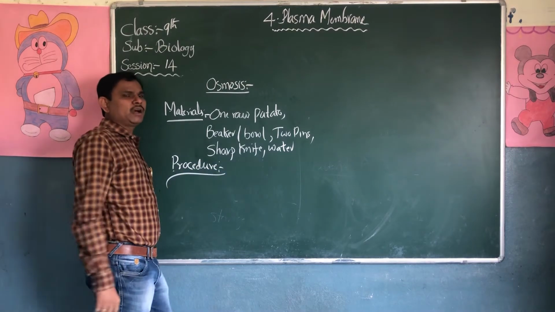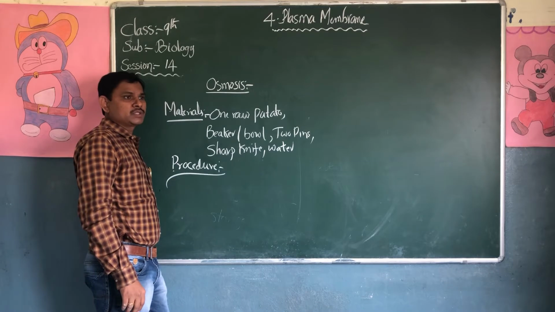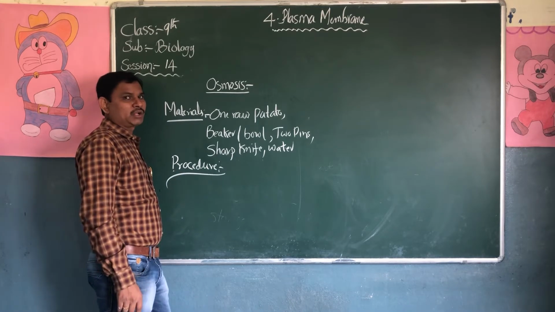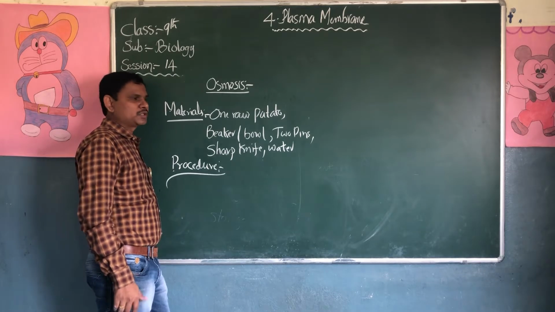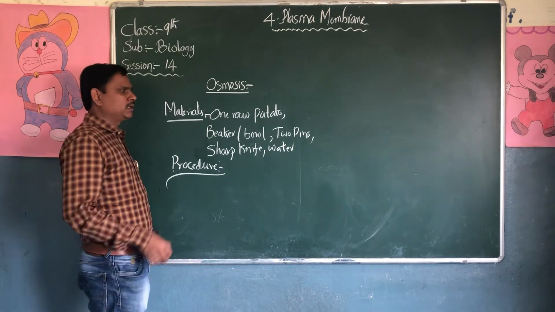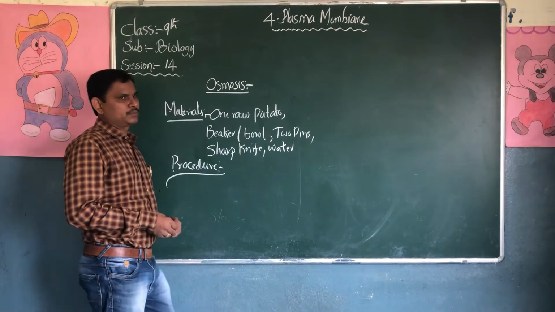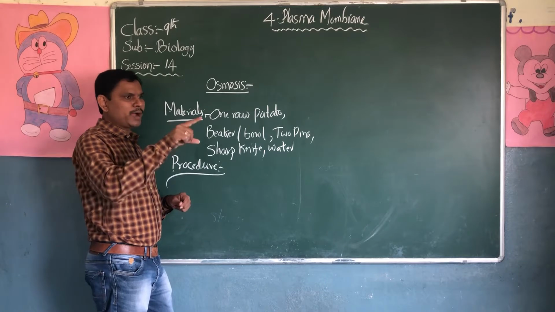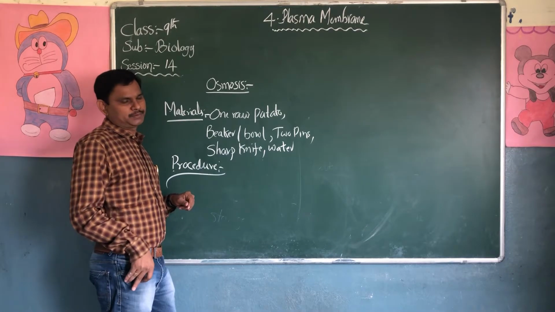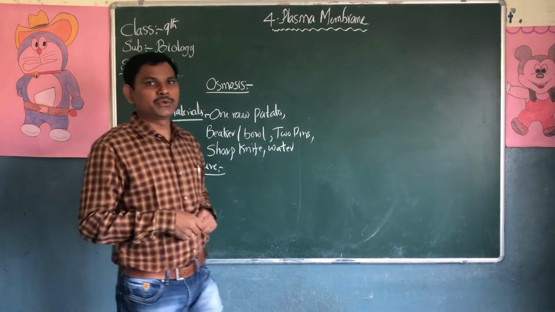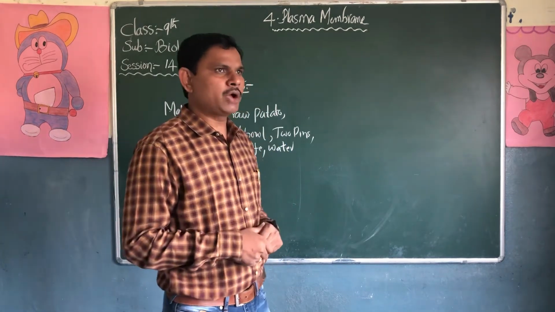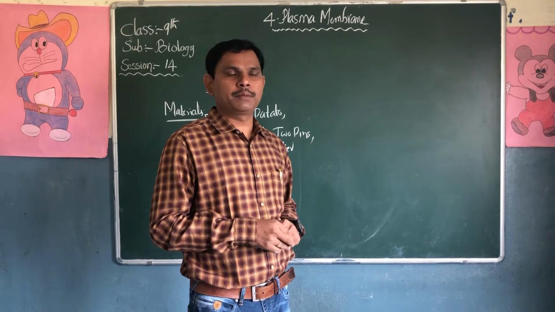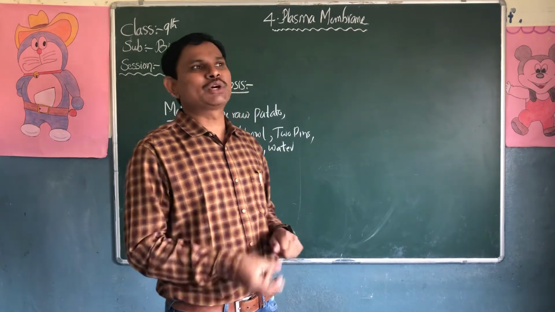Take a raw potato. Another experiment we can also do with a boiled potato, raw potato and boiled potato. Now we are doing the experiment with one raw potato. Take the raw potato and cut it into a cuboid shape, a cube shape. Now we have to prepare a saturated solution.